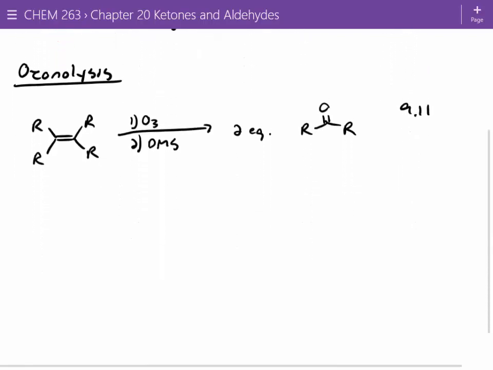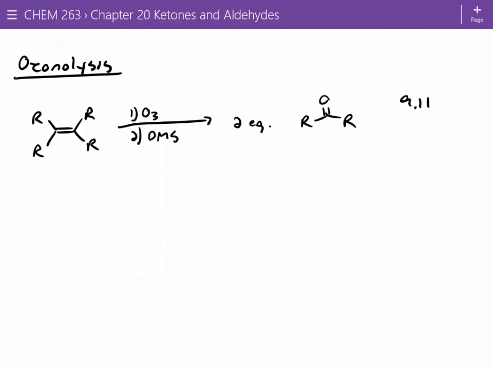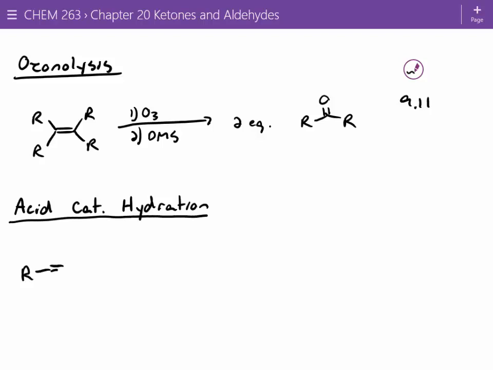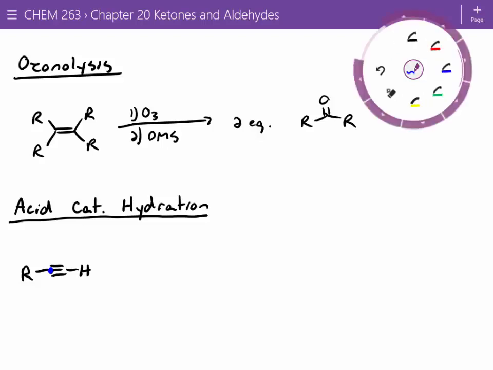All right. The other one that's very similar to what we've already seen was our acid catalyzed hydration, which is also a review back from chapter 10 when we covered alkynes. But in this case, we're going to do anti-Markovnikov chemistry.